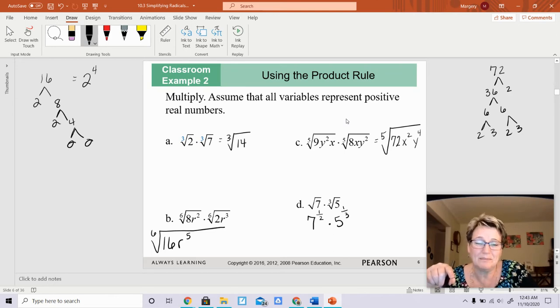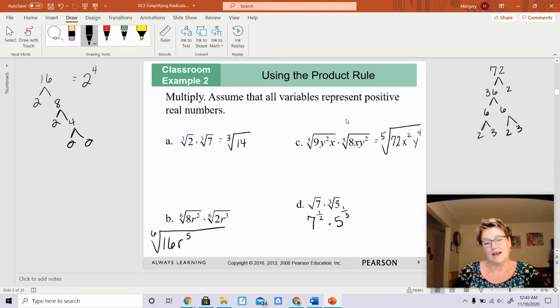I could manipulate it if I need to. I could multiply this by something that would give me a 3 in the denominator. I don't know how much this would help me, but I'm just going to try playing around with it for a minute.